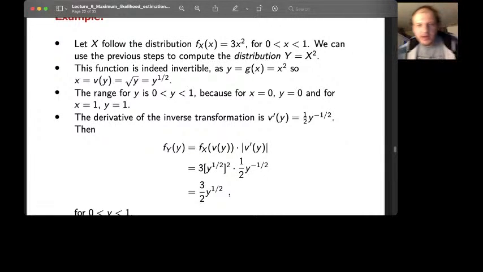Once you express that, you also find the derivative and you fill in the formula.